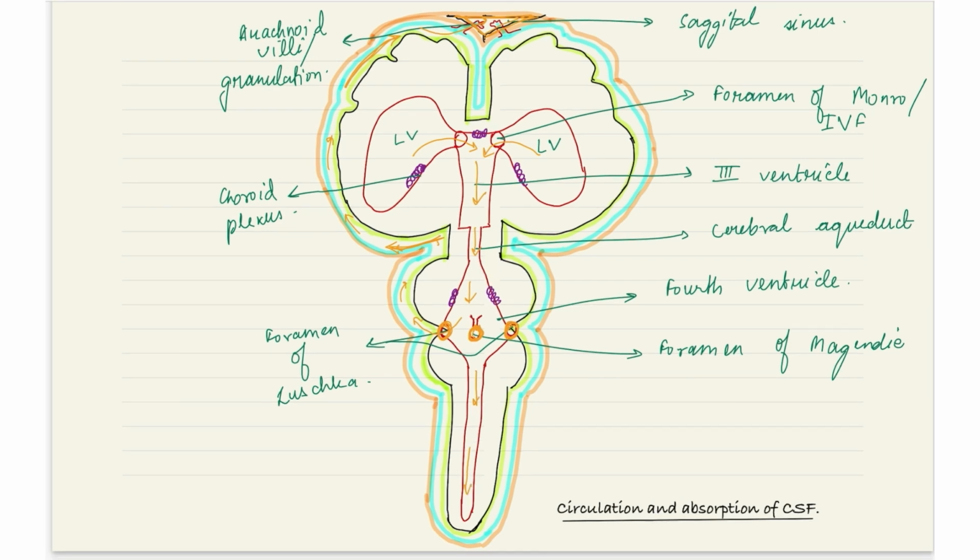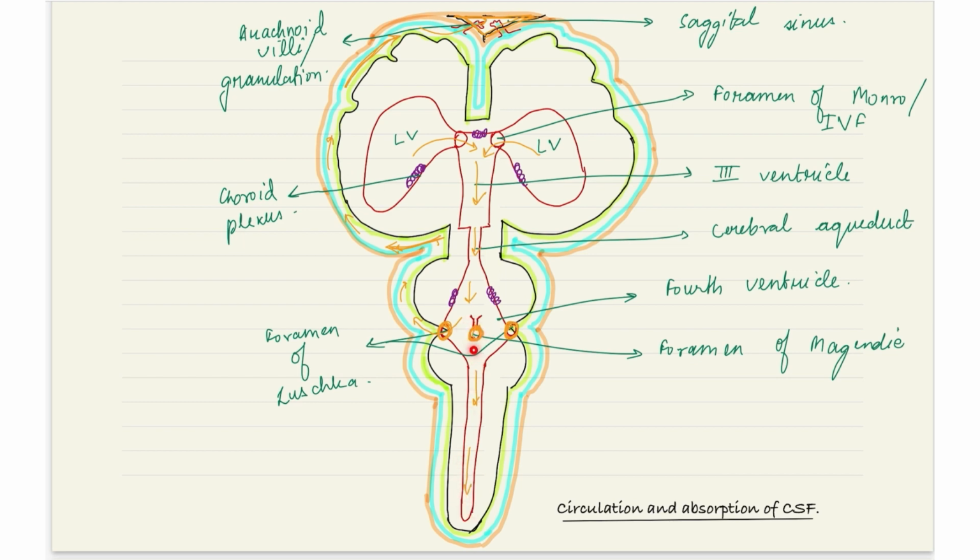Once again, let us revise the route of the CSF. So it is produced in the lateral ventricles. Then from the interventricular foramen or the foramen of Monro, it moves to the third ventricle, then to the cerebral aqueduct, the fourth ventricle. Now there are three routes. First is the spinal cord, the central canal of the spinal cord.